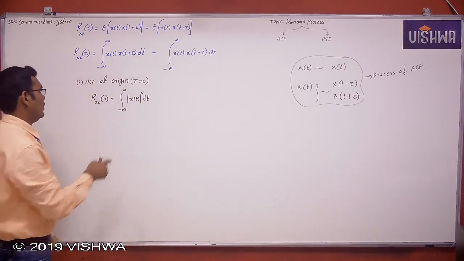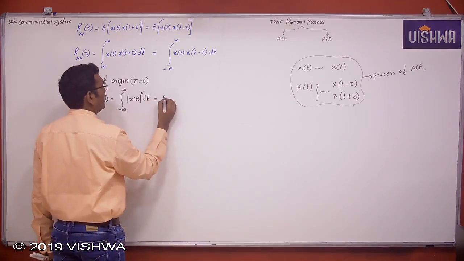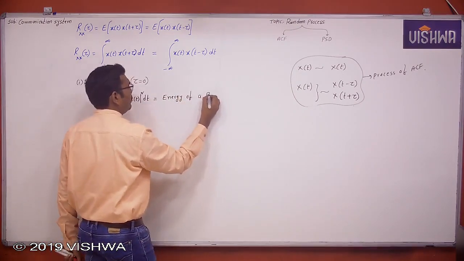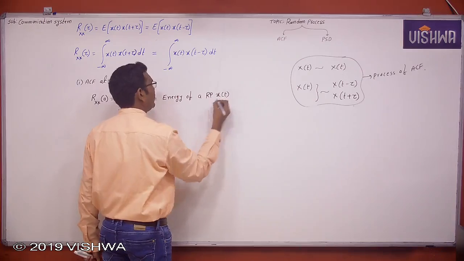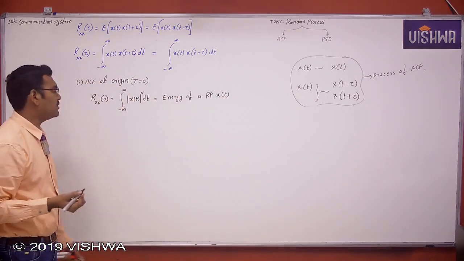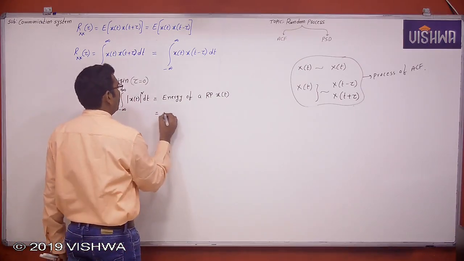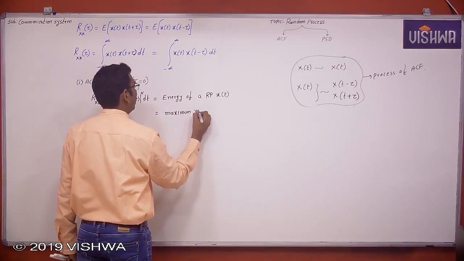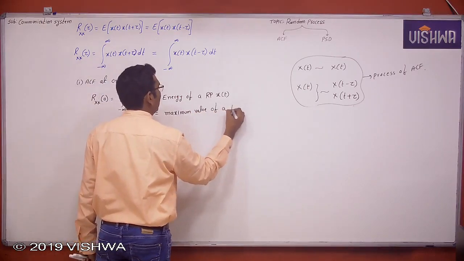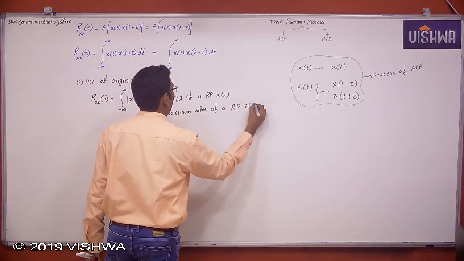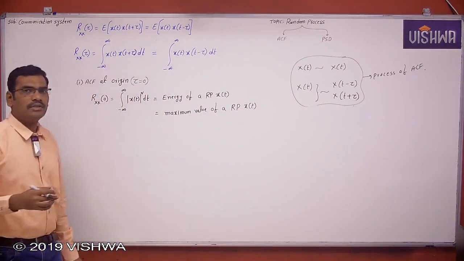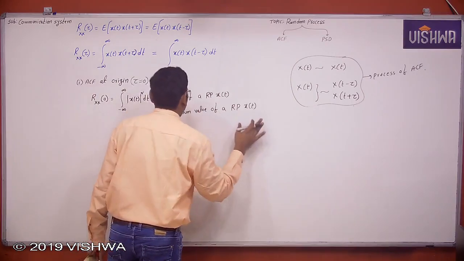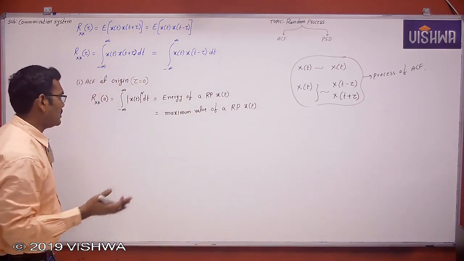This is nothing but the energy of the random process x of t. What is energy? Energy is nothing but the maximum value. So the autocorrelation function at origin is the maximum value of the random process, and it is equal to the energy of the random process x of t.